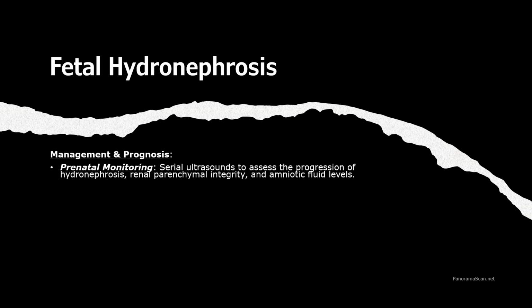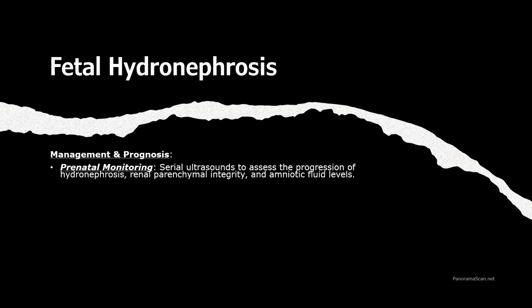Regular serial ultrasounds are essential in tracking the progression of hydronephrosis. These ultrasounds help monitor the dilatation of the renal pelvis, renal parenchymal integrity, and amniotic fluid levels.